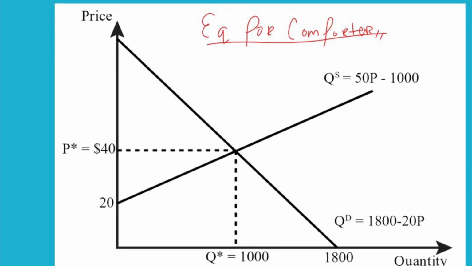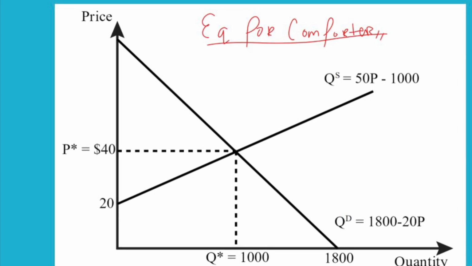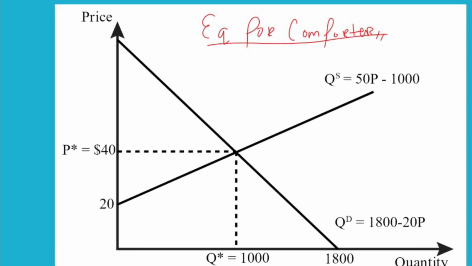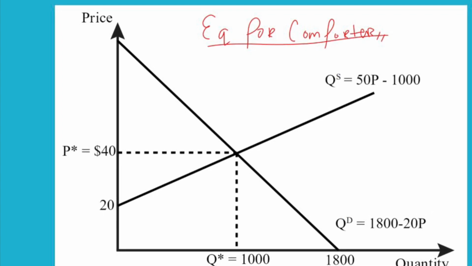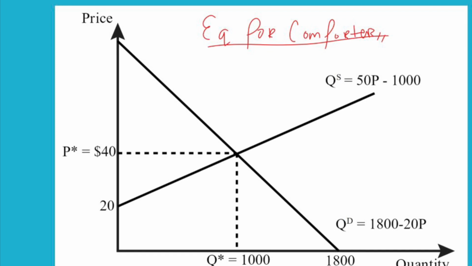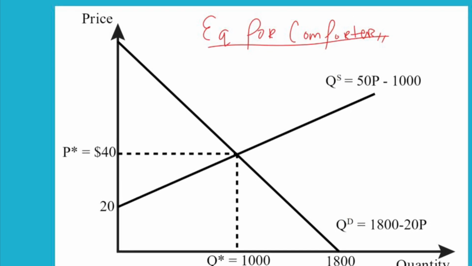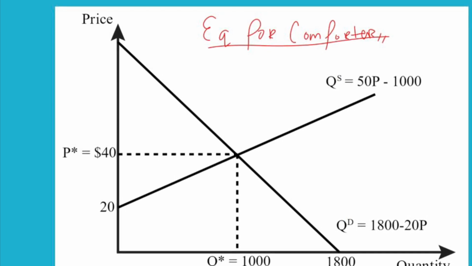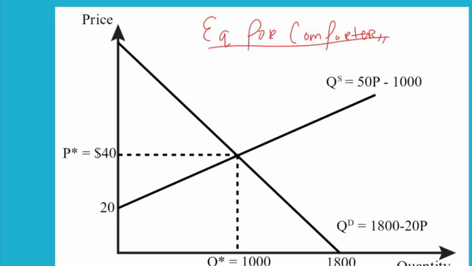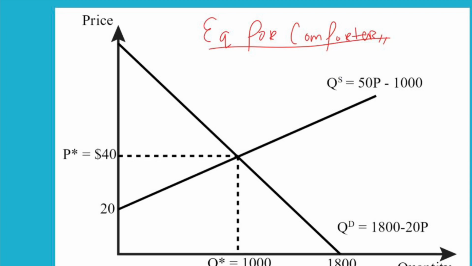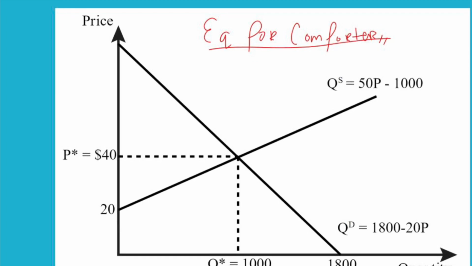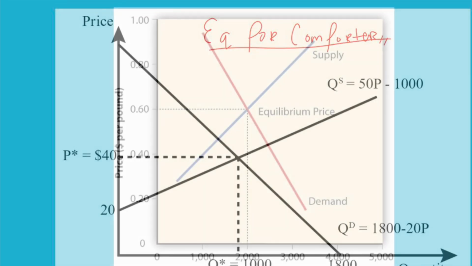The equilibrium quantity has nothing to do with any kind of coordination or communication between the buyers and sellers. It has only to do with the price in the market. Seeing a unit price of $40, consumers demand 1,000 units. Independently, sellers who see that price will choose to supply exactly 1,000 units of, in our case, comforters.